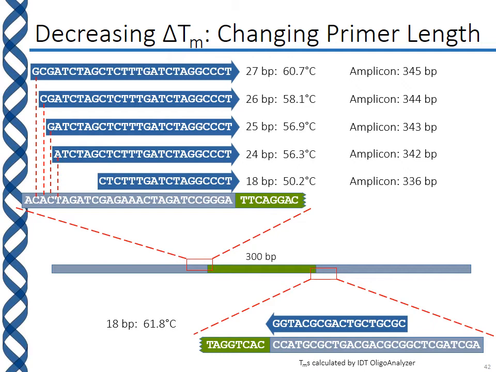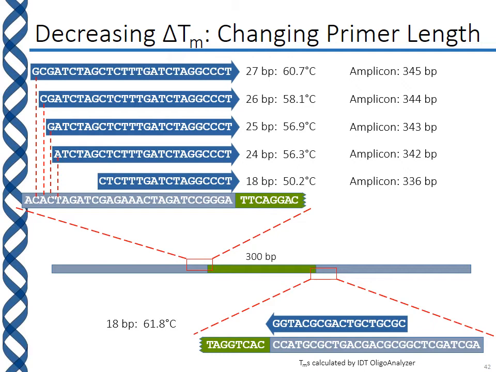I wouldn't want to go much further short than that. You could potentially lower this to 17 or 16 nucleotides in length, but doing that could result in non-specific amplification because the primer could bind to other locations.